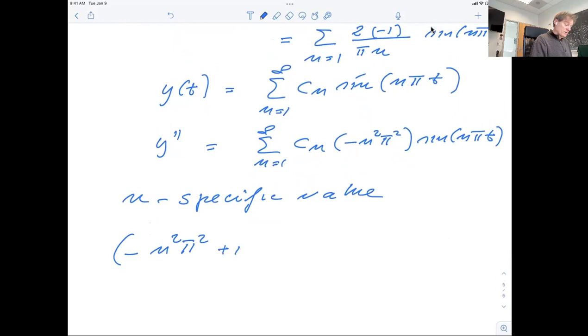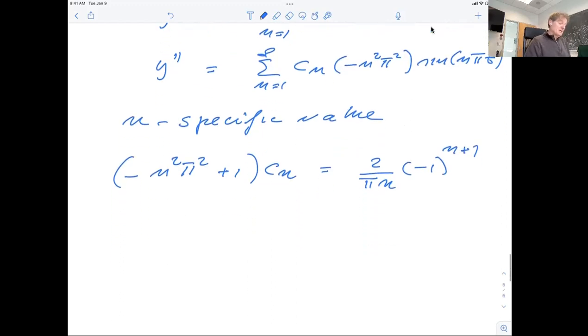So I have a plus 1 multiplied with this unknown coefficient c of n. And these are equal to 2 divided by pi and divided by n, multiplied with minus 1 to the power of n plus 1. And now you see that I can easily rewrite everything here. So I get an equation for c of n, which is going to be given by 2 divided by pi times n.